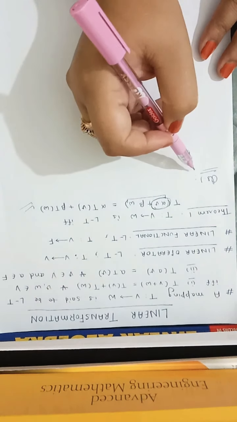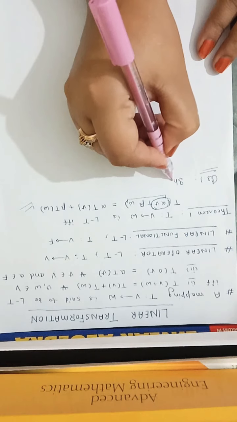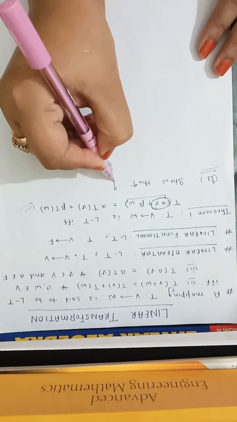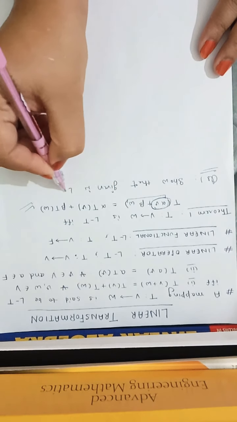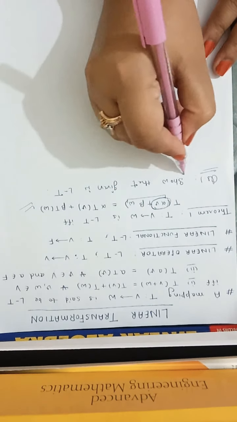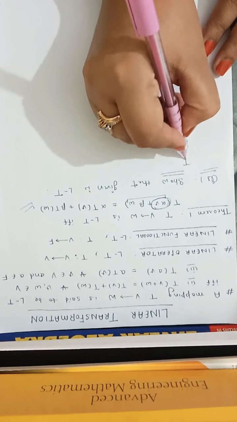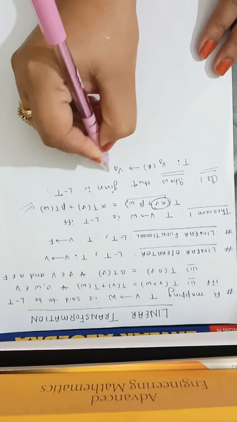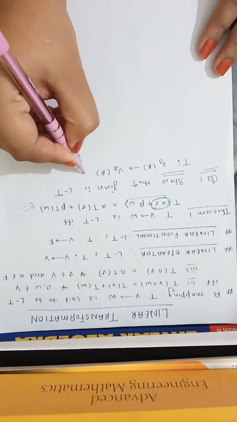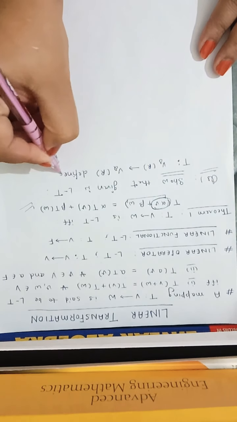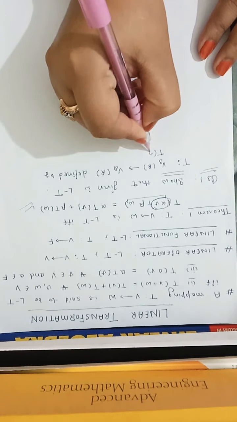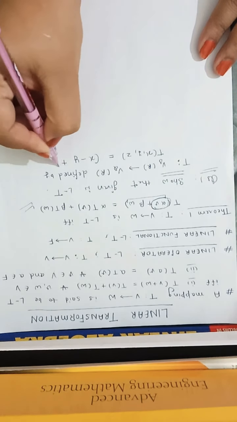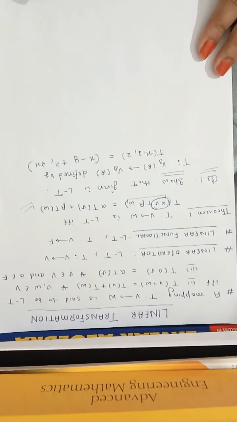Question 1. Show that the given mapping is a linear transformation. That is, T from V3(R) to V2(R) defined by T of (x, y, z) equals (x minus y plus z, 2x).